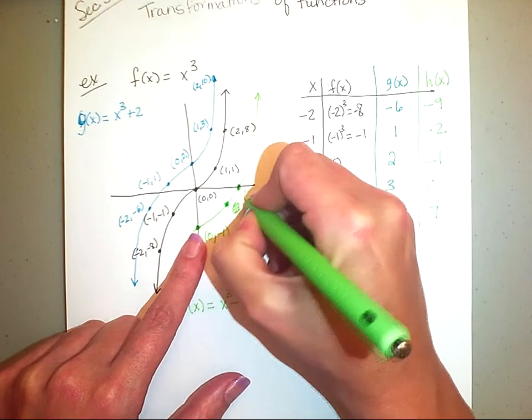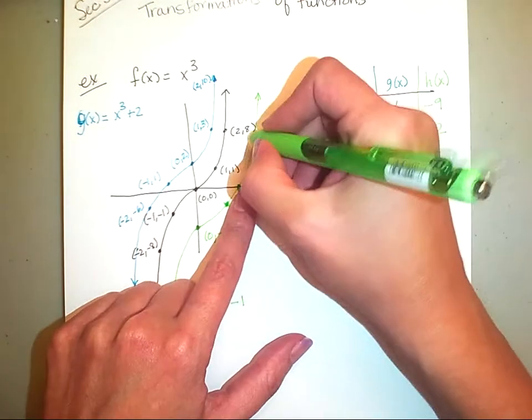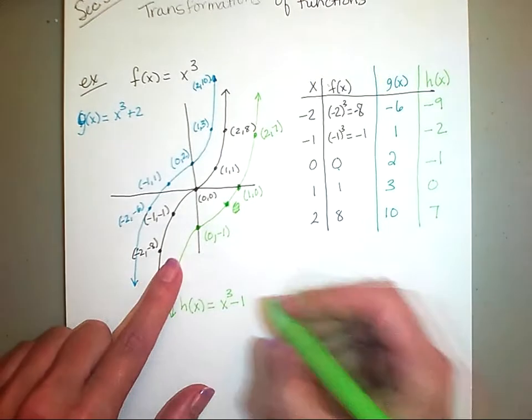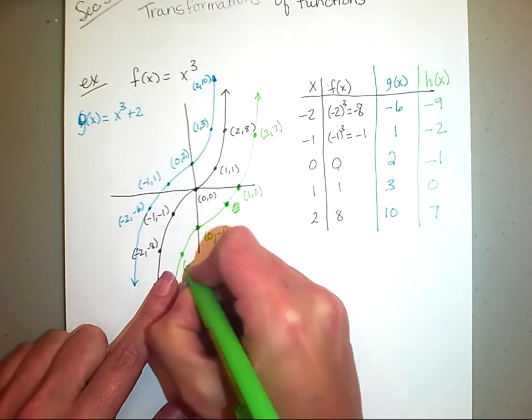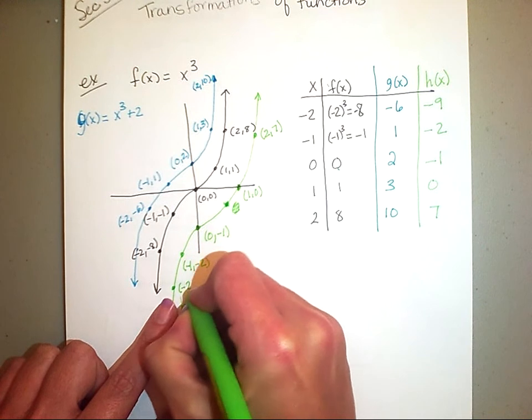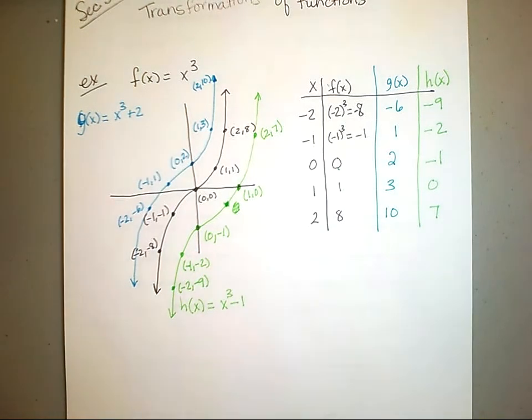We don't have to be great artists, but we do have to label to make it appropriate. And at 2 we have 7. And down here we'll say this is negative 1, negative 2, and negative 2, negative 9. Okay. So these all need to have the same shape. And that's why we label it, to make up for our artistic abilities. That's fine.